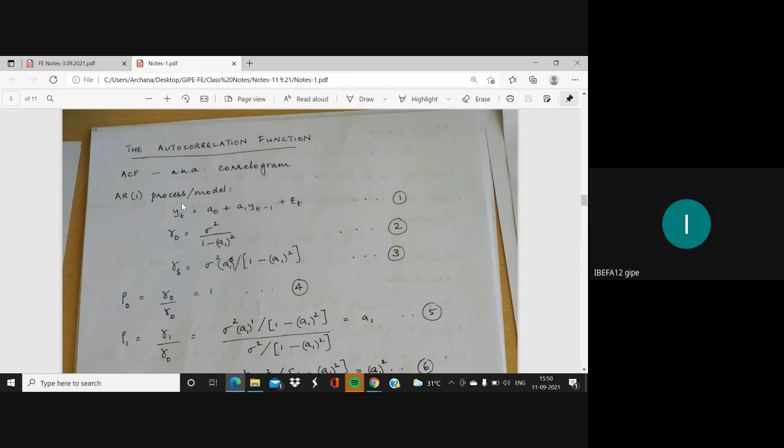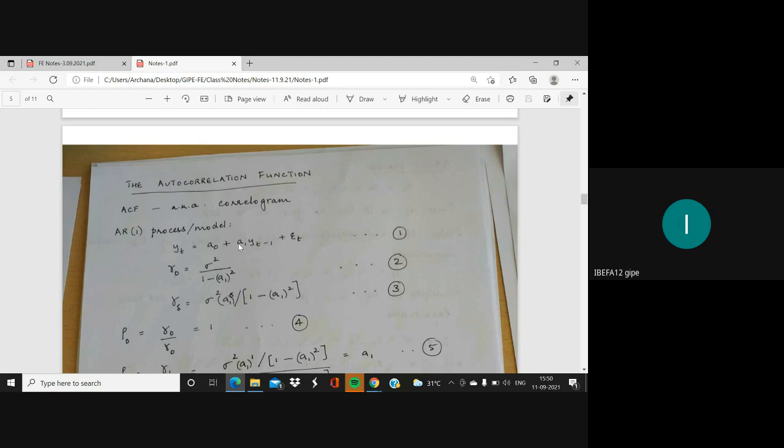So for an AR1 process, if you remember the previous part of our discussion today, this gives you the variance of this process. Variance of yt is given by this. Gamma 0 indicates the variance.